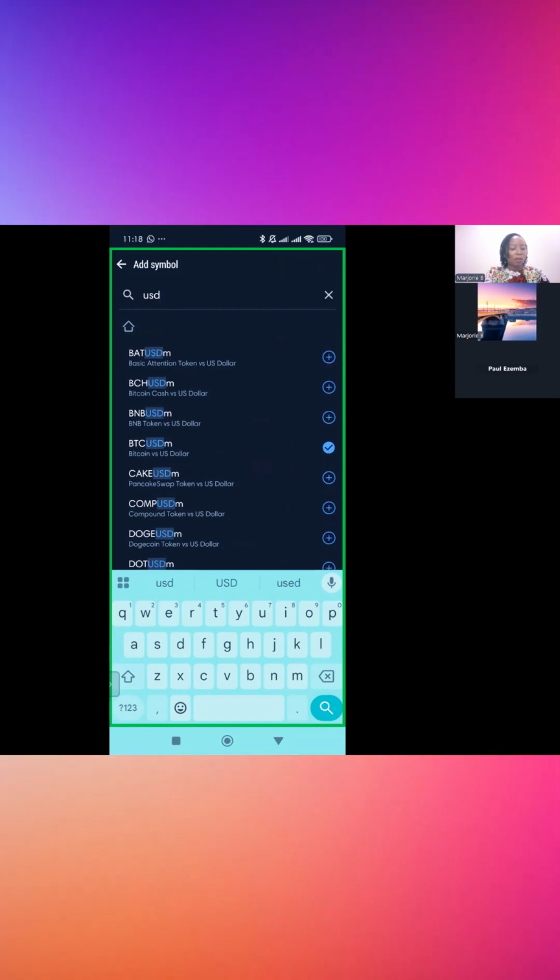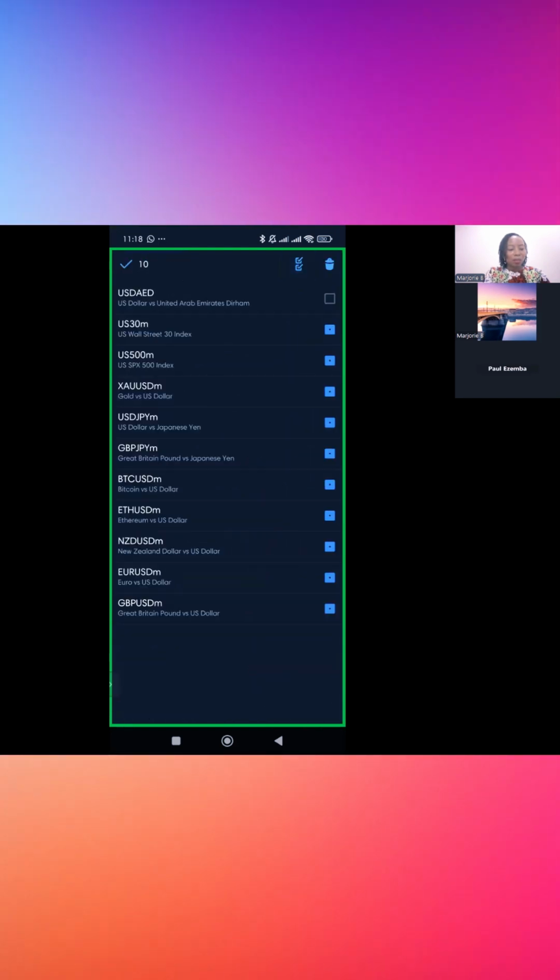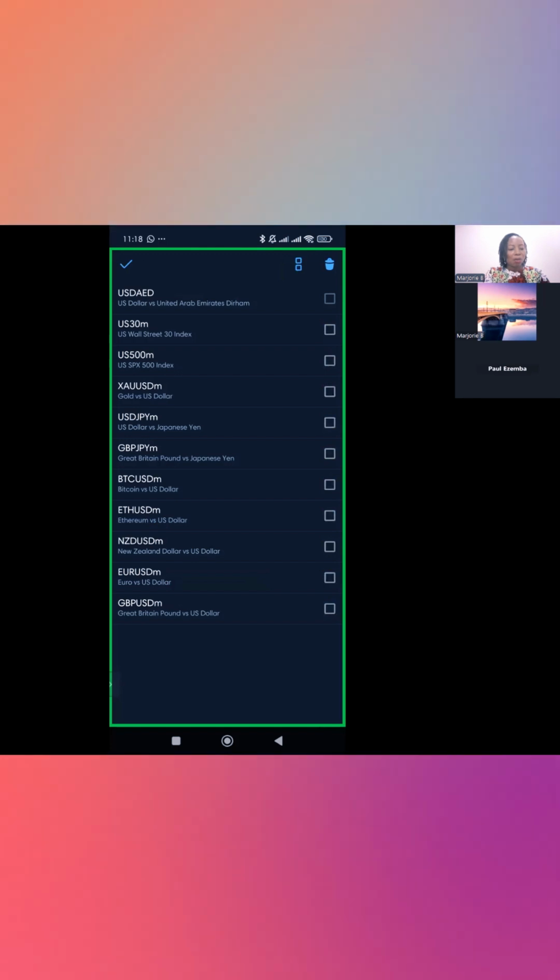I already have BTC USD here, and I have Ethereum, but I don't have Euro USD. So I can add Euro USD, GBP USD, and all. You can just add the things you like trading, and deleting is the same process. If you check all, it's the same as MT4.